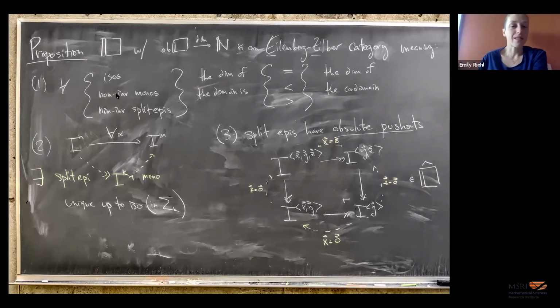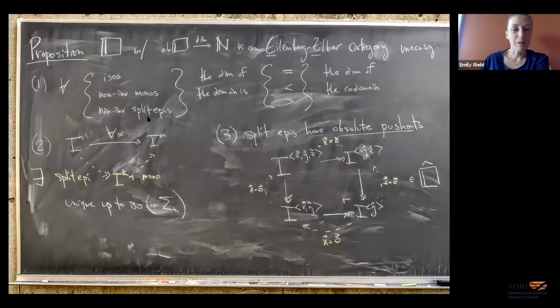The first is that if we look inside this cube category at the isomorphisms, then for any isomorphism, the dimension of its domain and the dimension of its codomain are the same. Then, if I have a monomorphism that's not an isomorphism, a non-invertible monomorphism, the dimension of its domain is less than the dimension of its codomain.